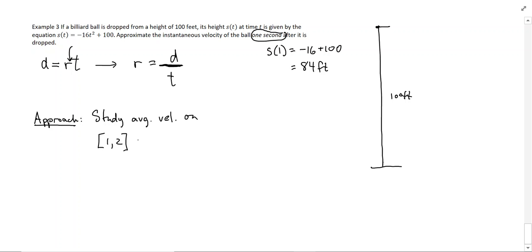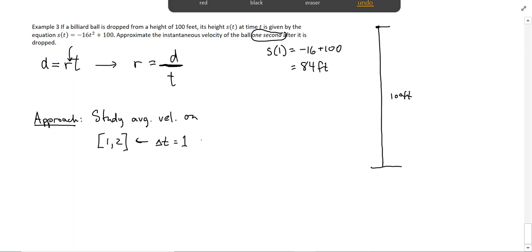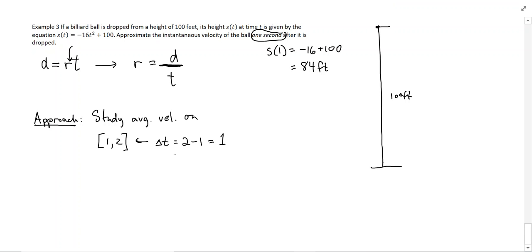So this gives us a delta t of 2 minus 1, or 1 second. What about the delta d? Well, the change in the distance here would be s of 2, that's its height after 2 seconds, minus its height after 1 second.